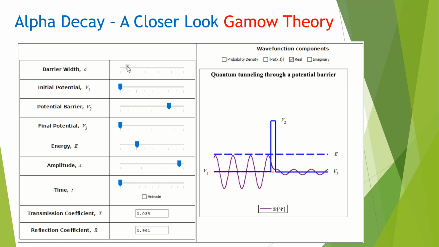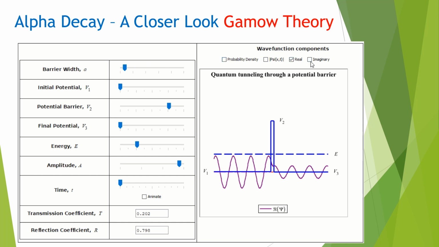As the width of the potential barrier is sizably small, you can see the transmitted wave going through region 2, which is shrunk, into region number 3. As the width of the potential barrier reduces, the amplitude of the real part of the wave reaching into region 3, which we can call transmitted into region 3, is increasing.